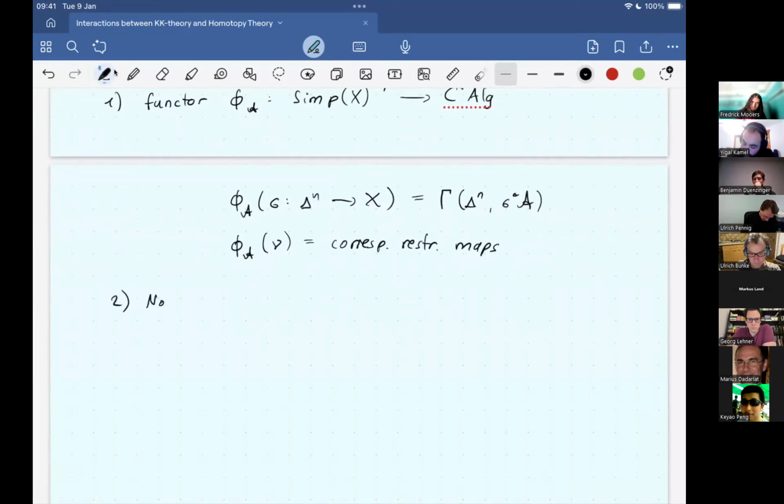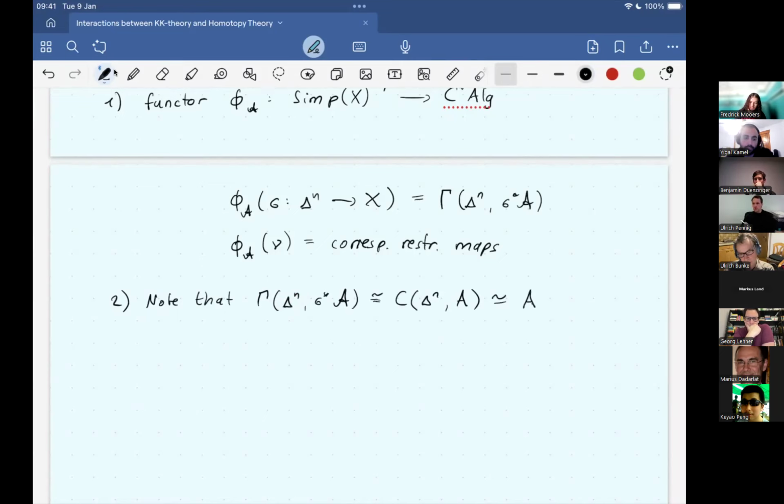We note that this bundle is over a contractible space, so the pullback is trivializable. So this is actually the continuous functions on the simplex with values in the typical fiber. And it's also then homotopy equivalent to just A, because the simplex is contractible. And here I'm now using that A is locally trivial.